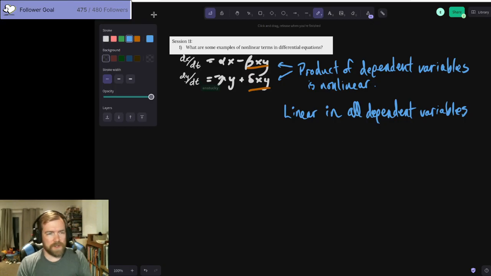And since this is also a differential equation, it's not just going to be in the dependent variables, but also its derivatives. Right, and all of its derivatives.